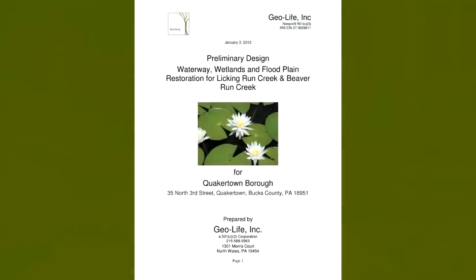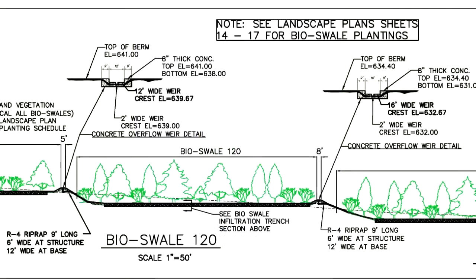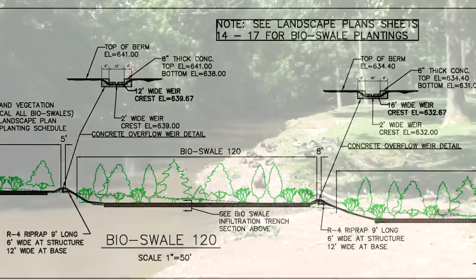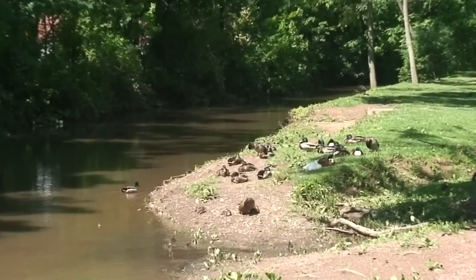For example, the Quakertown Borough preliminary stormwater routing calculations demonstrated the abilities of the proposed stormwater improvements to attenuate or slow down the stormwater runoff in the proposed waterway and floodplain restoration areas.